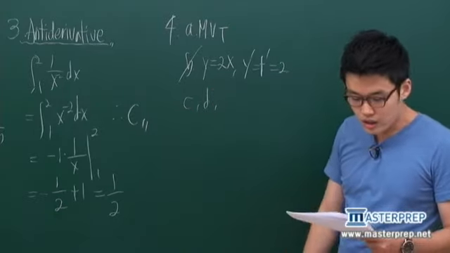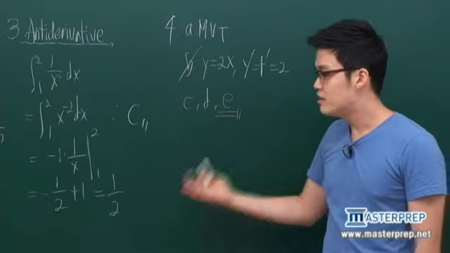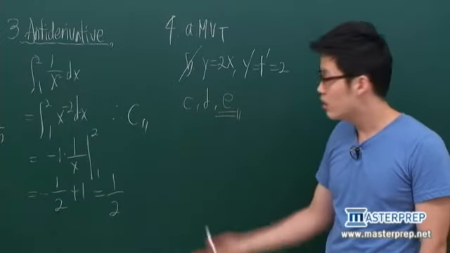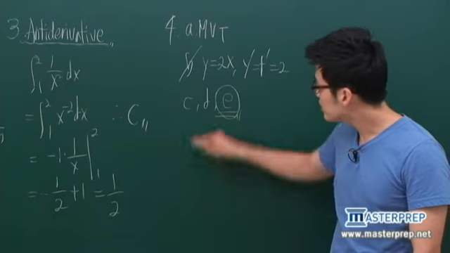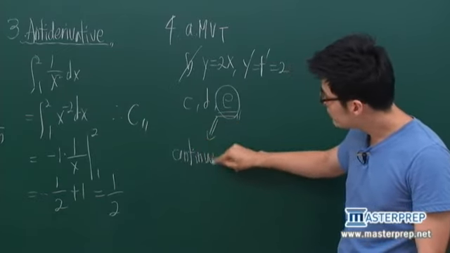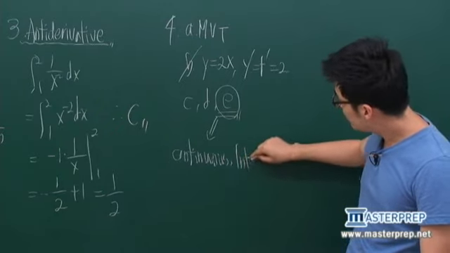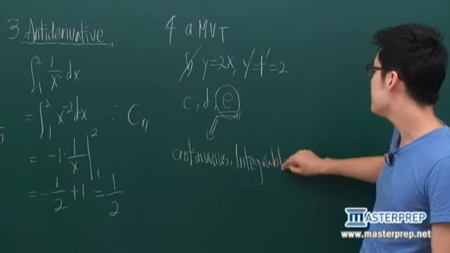And what about E? Well, E asks you whether you understand differentiability and continuity. So what it says is, if it is continuous, it is differentiable, it is integrable. So this was dealt with in part 1 of my BC lecture.